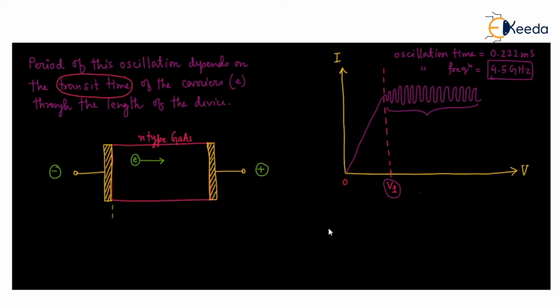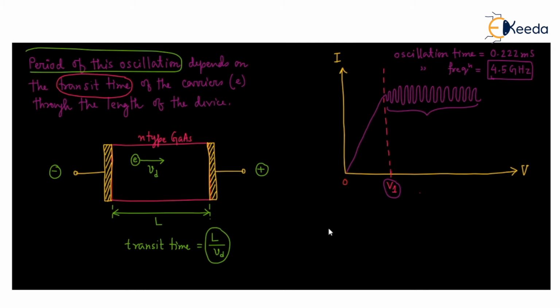So if the length of this semiconductor is L, and the drift velocity of this electron is Vd, then the transit time of this electron or charge carriers through the length of the device will be L divided by Vd, and this L divided by Vd will control the period of the oscillation of the current after the V1 voltage.